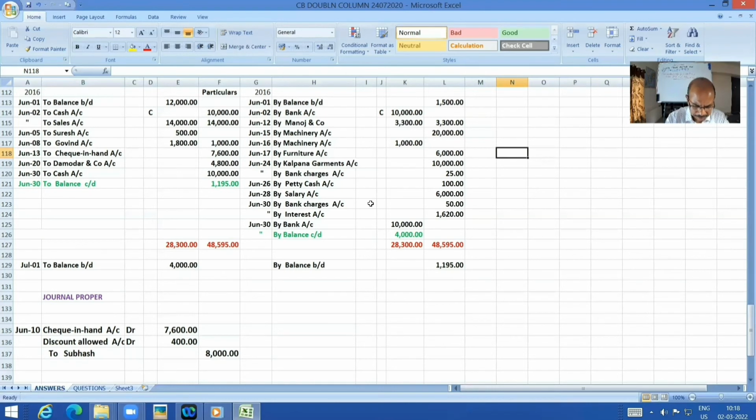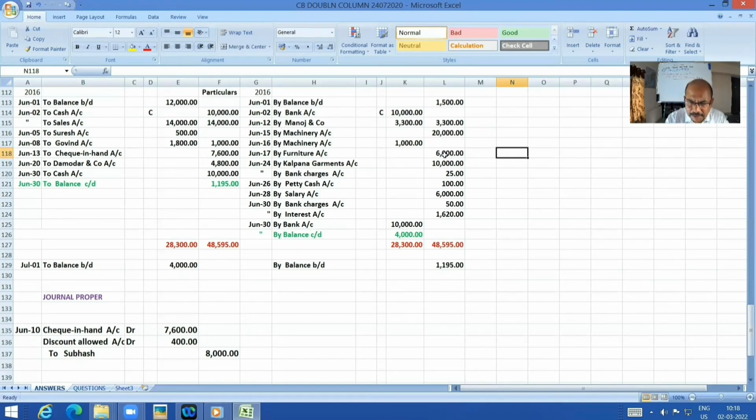Okay, fine. Check issued for rupees 6,000 in favor of Sachet Deva and company for purchase of furniture. See, his name is mentioned here, but it is irrelevant. I purchased furniture. It is not a credit purchase or anything like that. I paid him. So what will be the entry? Buy furniture, 6,000.